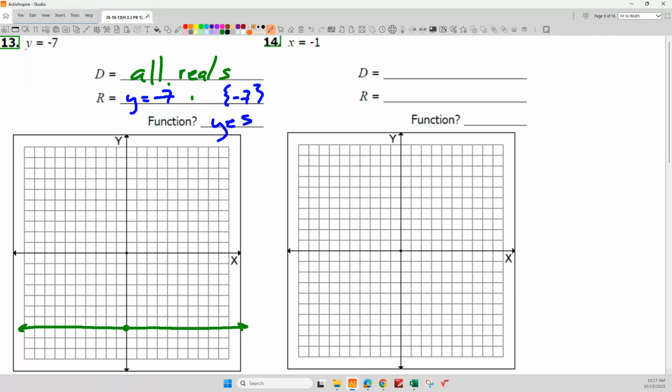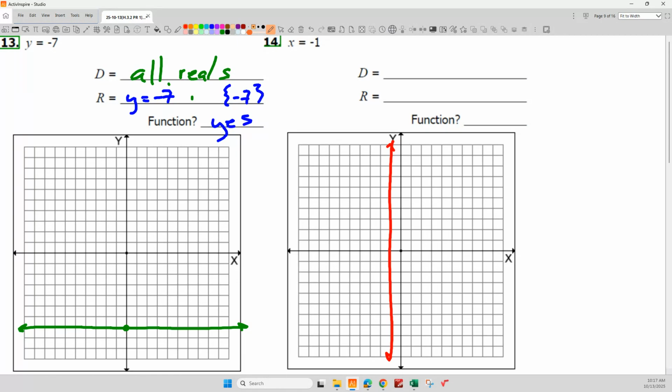Okay, how about this one? What about the relation x equals -1? What are the math gods telling us? Y doesn't matter. Y is irrelevant, but all x coordinates have to be -1. Okay, so then this one looks like a vertical line. Right? What's our domain?